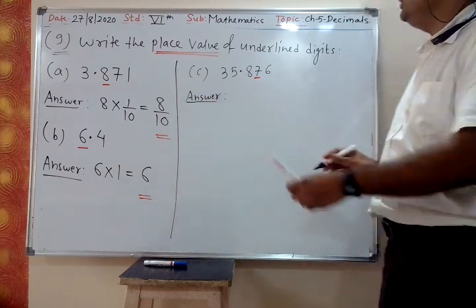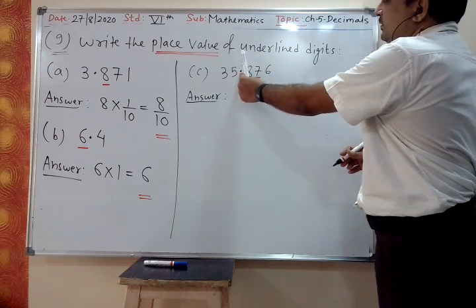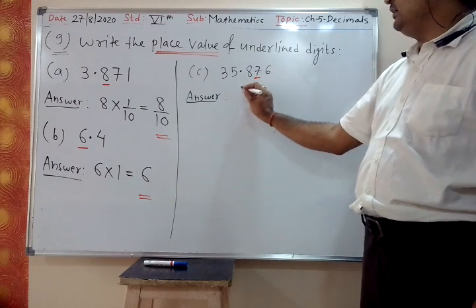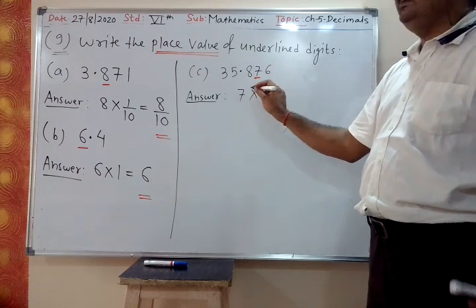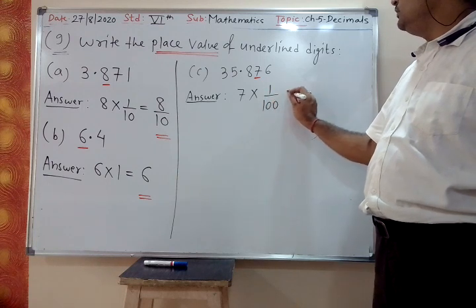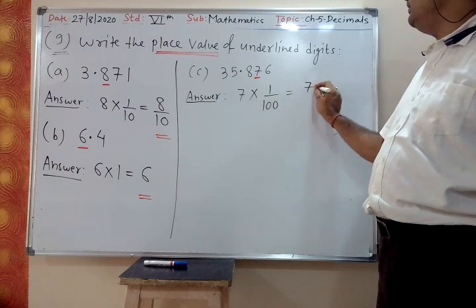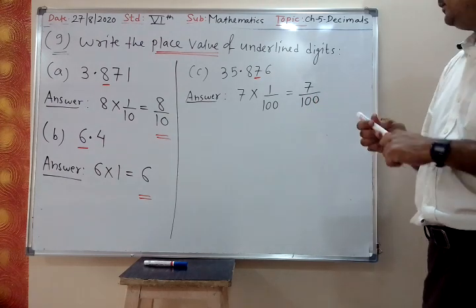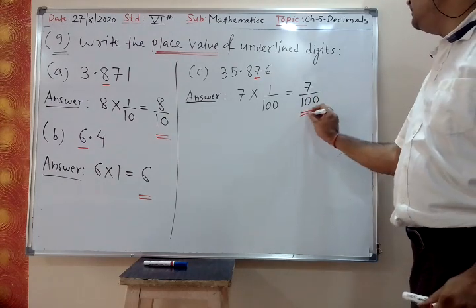So what is the position of 7? After the decimal the first digit is tenths, the second position is hundredths. So if 7 is at hundredths position, I will multiply by 1 upon 100. So 7 into 1 upon 100 is 7 upon 100. The answer is 7 upon 100.